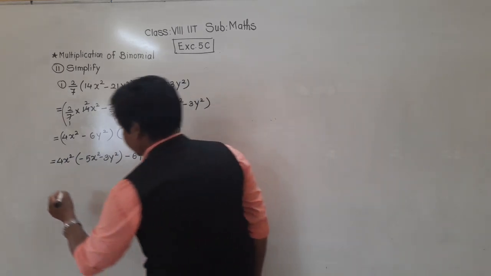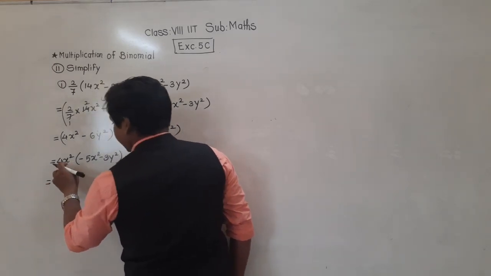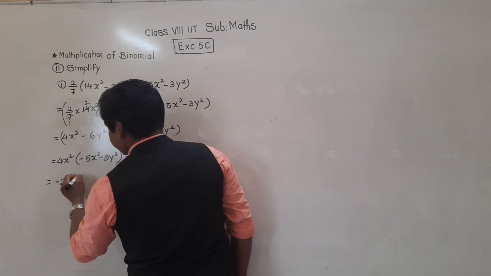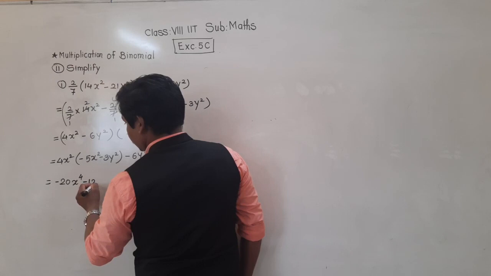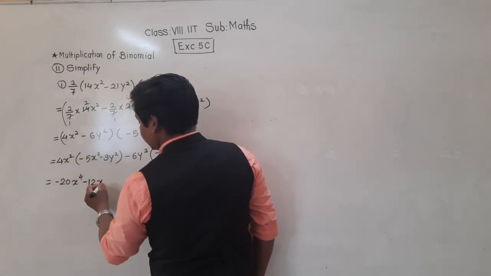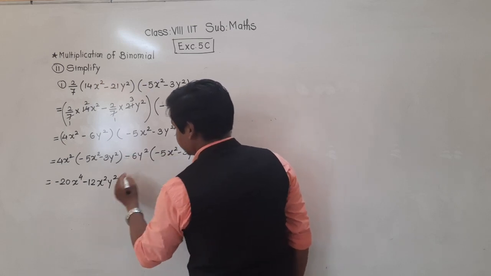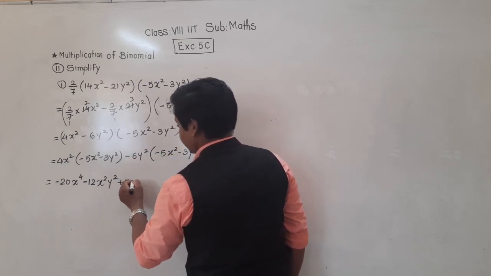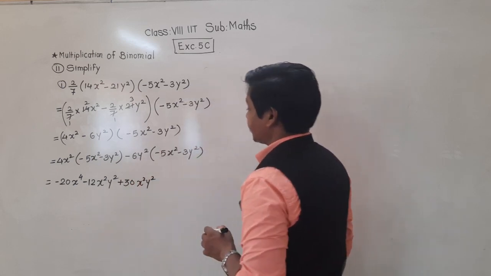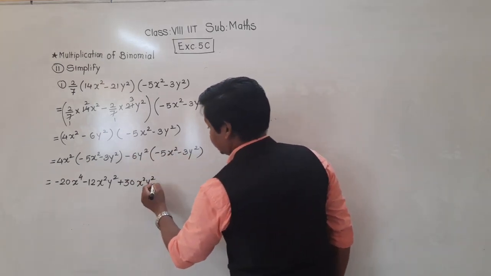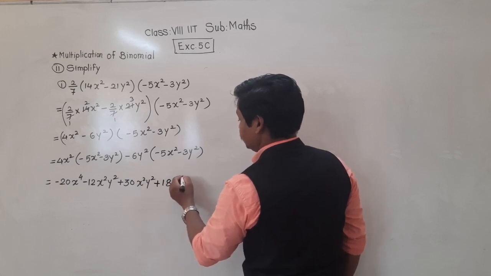Now see. 4 into minus 5 is minus 20, x square into x square, x raised to 4. Then 4 into minus 3 is minus 12, x square into y square, x square y square. Finish. Then minus 6 into minus 5 is plus 30, y square into x square, y square x square. Then minus 6 into minus 3 is plus 18, y square into y square, y raised to 4.